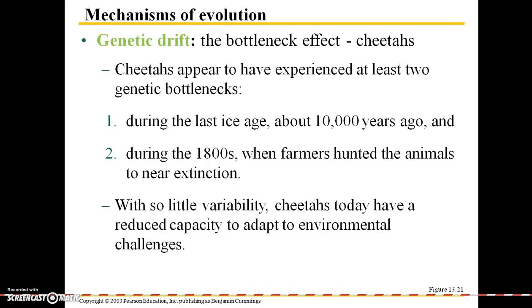If you examine the sperm cells of a cheetah under a microscope, you're going to see that they do not look very functional. This is a direct result of the genetic bottlenecks that they have gone through, and the fact that they are not very robust in this particular trait is evidence of that bottleneck.